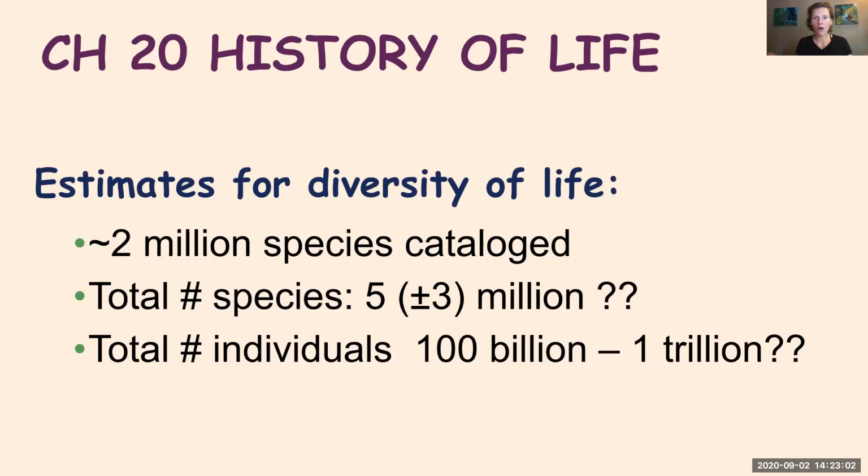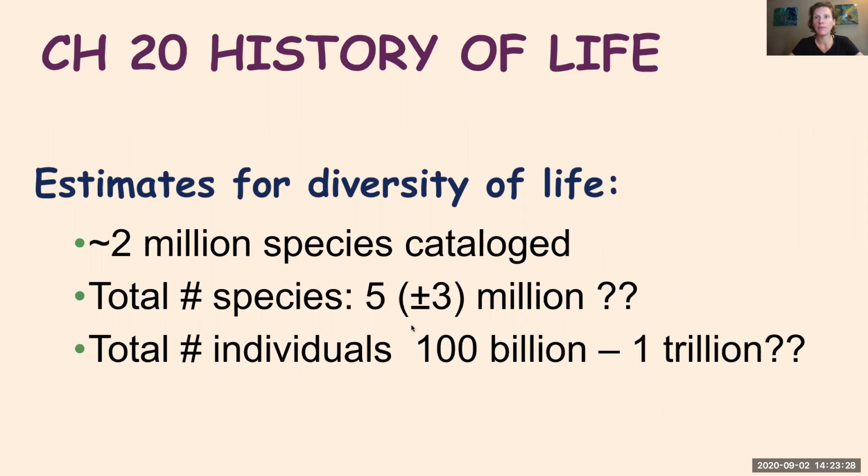But first, we're just going to give an overview of how we create diagrams to represent that diversity and what that diversity looks like. There are over 2 million species cataloged currently. The total number of species varies depending upon your estimate, 5 plus or minus 3 million.